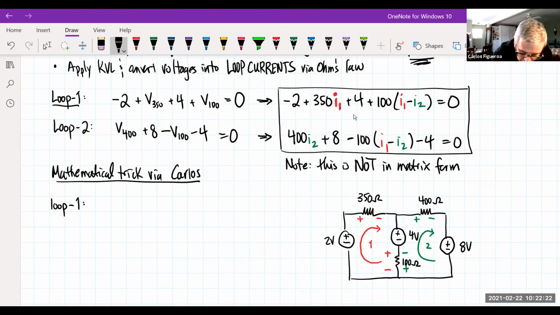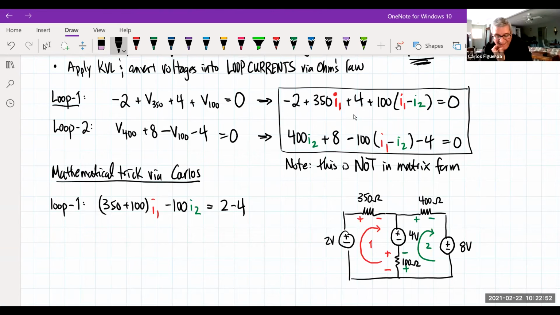So if I combine the reds, I get 350 plus 100 times I1. Look at the green. I'm going to get minus 100 times I2. And then look at my sources here. I'm going to bring the 2 to the other side and then the 4 to the other side. So I'm going to get 2 minus 4. So that's the algebra. This is associated with loop 1.